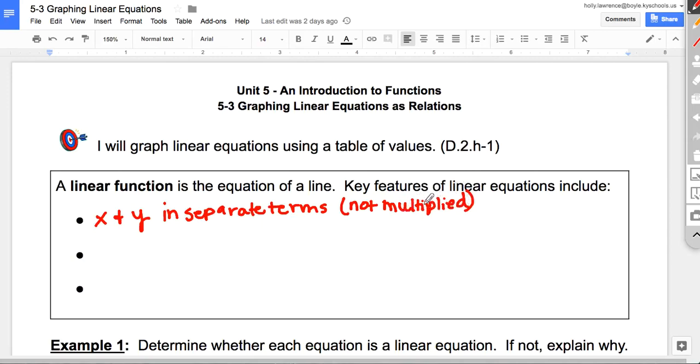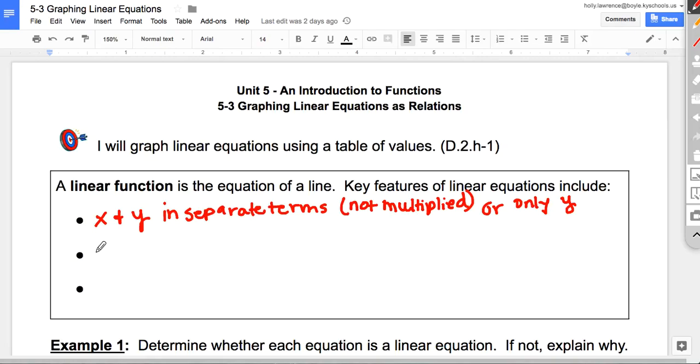If you have an equation that has only a y in it, that's also okay. Only y will still give you a linear function. If it's only x, something happens that makes it not a function, but if there's only y, then that's going to be a function. So x and y in separate terms, not multiplied together.